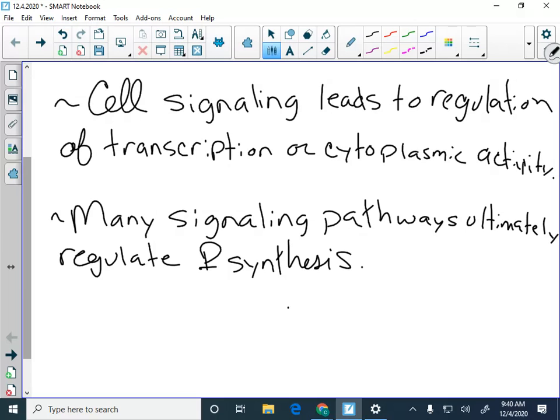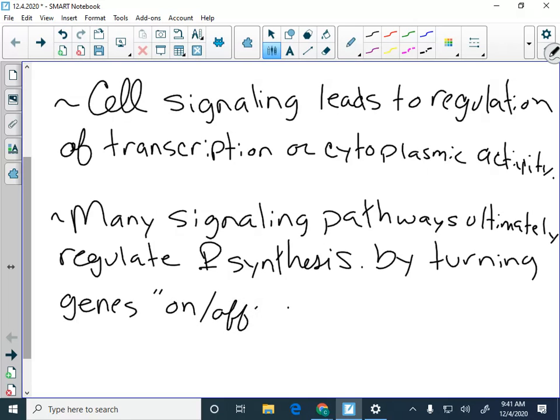I need to fix my handwriting. By turning genes "on" or "off". And I put quotations around on and off because it's not always an all or nothing situation. In biology, rarely ever is something black or white.